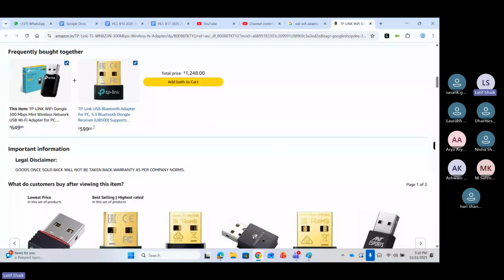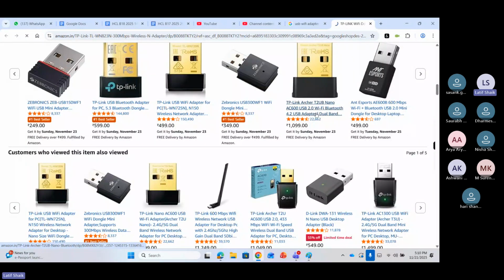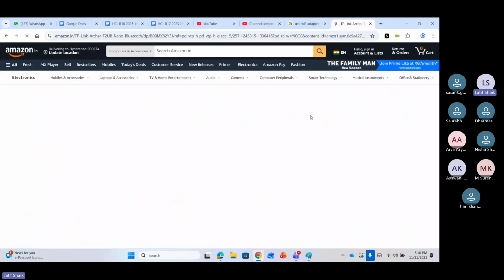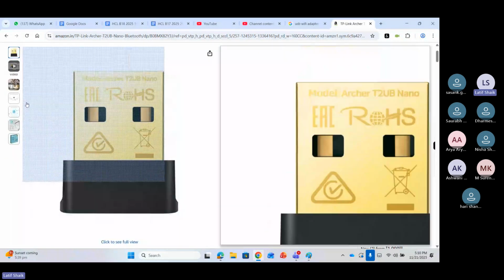This one is also around that. So I have to take some AC model. These are smaller, you can see this one. AC600 means it will support both 2.4 and 5 GHz. Dual band support is there, so I can connect.